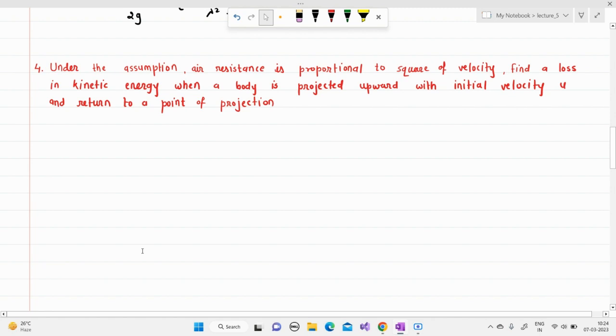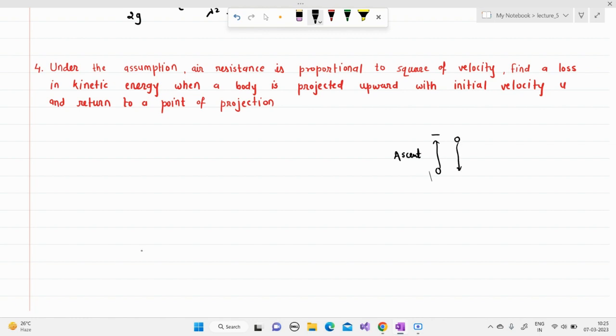This question is the same as the previous one, but the difference is that there we only targeted the body moving upward, the ascent part. Now here, since we have to find the loss in kinetic energy, this whole motion we have to consider along descent too.